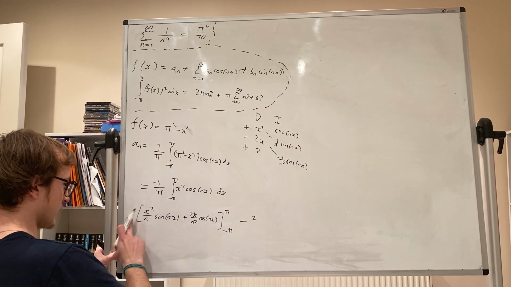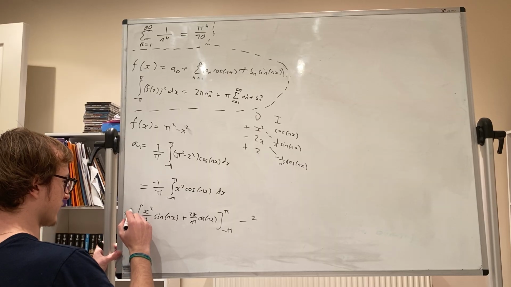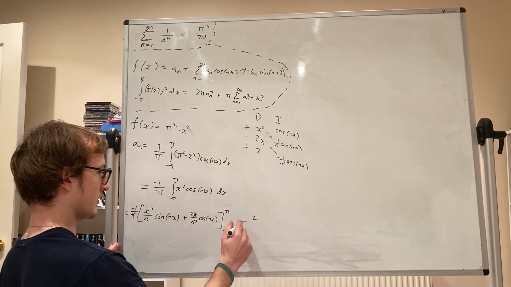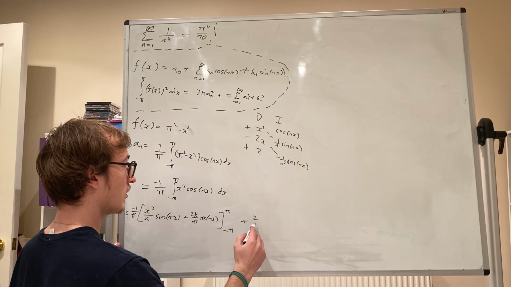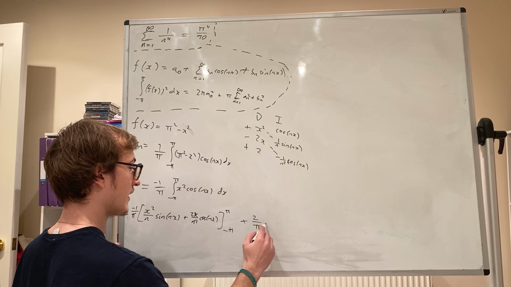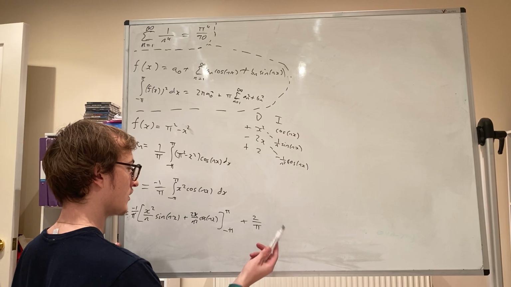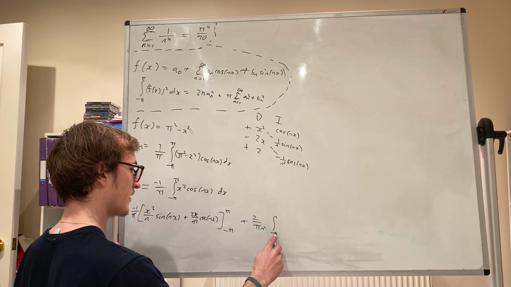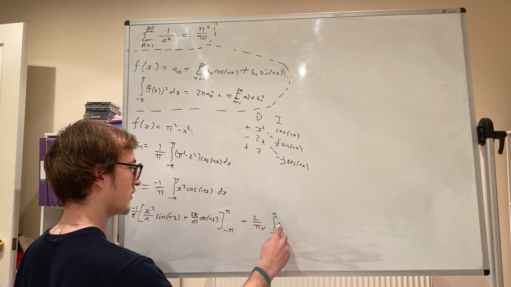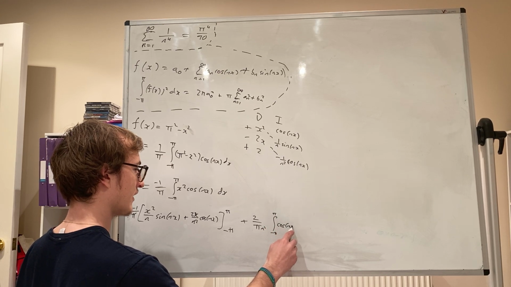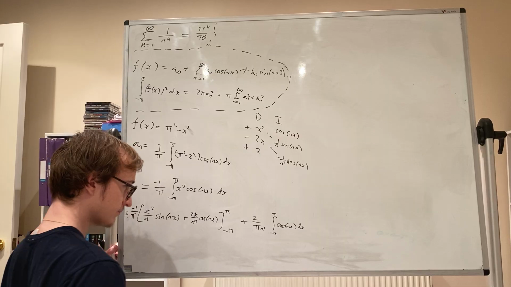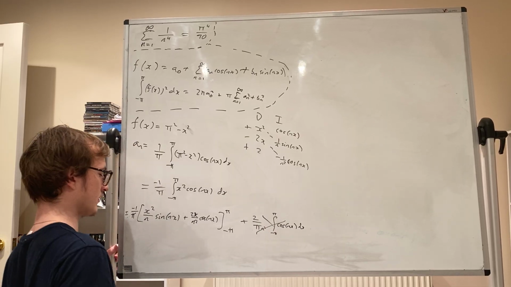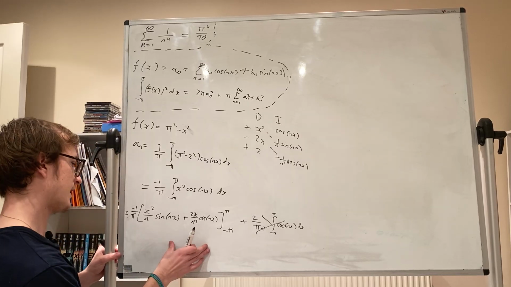Oh, sorry, I should not forget about the factor of minus 1 over pi at the start. So I'm just going to add 2 over pi times the integral. I'll take the n squared out as well, so n squared times the integral from minus pi to pi of cosine of nx dx. Now, we said before this just dies, so we can cancel that. And what are we left with here?